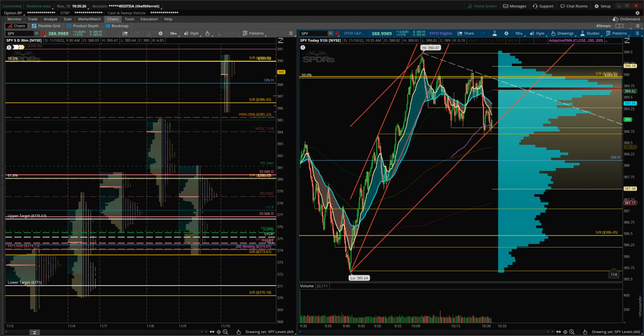Just remember, you don't always want to just think in raw contract numbers. You want to think about the valuations, what you could lose and what you could gain, right? Your risk to your reward.